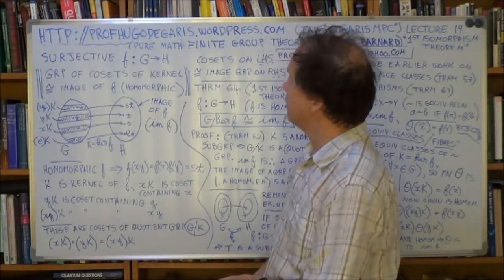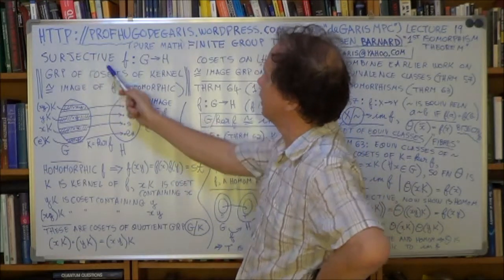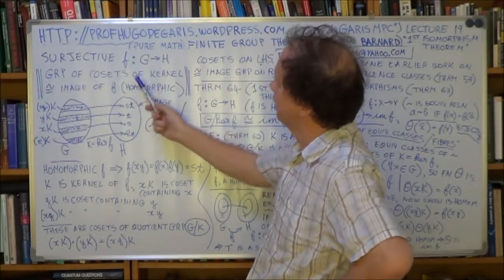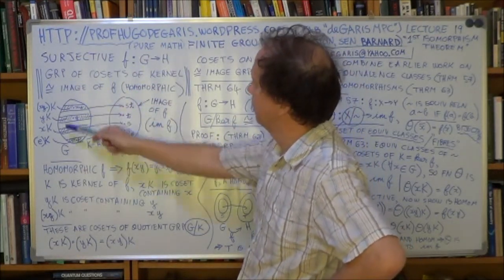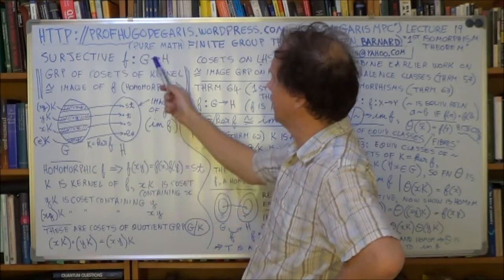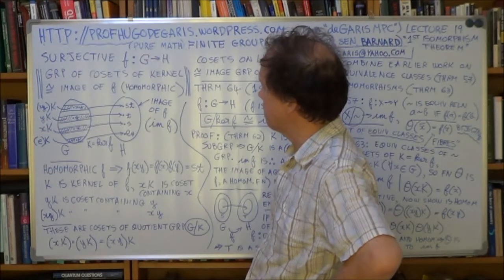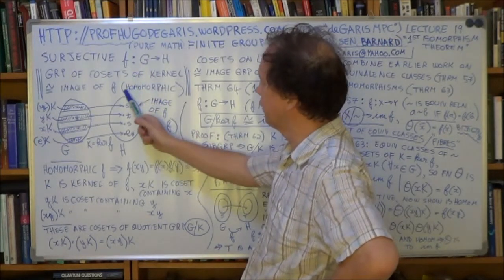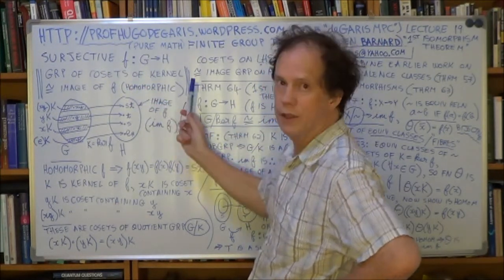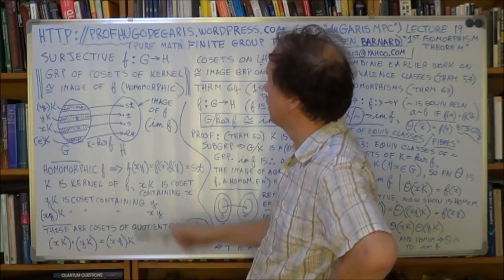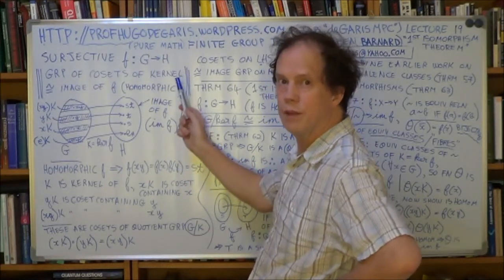Okay. So assuming a surjective function that maps a group G to a group H, then if that function is homomorphic, you can find the kernel, right?